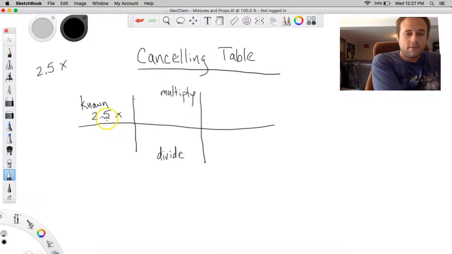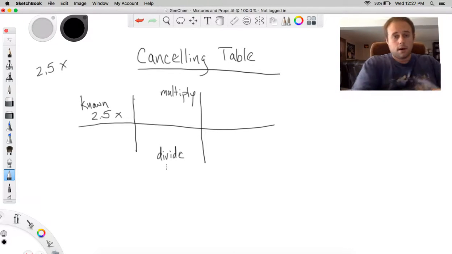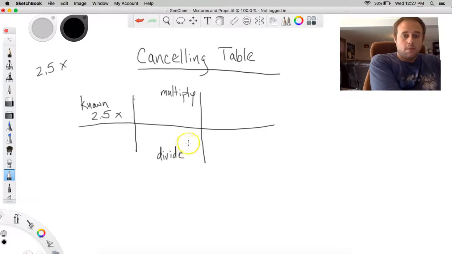So in other words, 2.5x is going to be multiplied by whatever I find here and divided by whatever I find here. Now here's the key with unit conversion and dimensional analysis. I want to turn some unit x into some unit y, right? So where would I want that? Well, if I want x to go away, I want to divide by x, because x divided by x will cancel out. And then I want some new unit y, right?